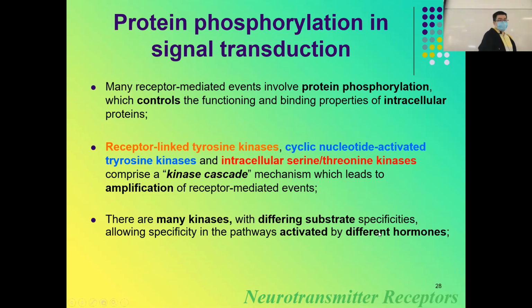Now, protein phosphorylation in signaling, we'll talk a little bit about it. Those actually will mediate a lot of different processes. So protein phosphorylation, for example in other secondary messengers, will induce protein phosphorylation that changes their properties, sometimes activating the protein, sometimes controlling the receptors, sometimes controlling the channels, and so on.